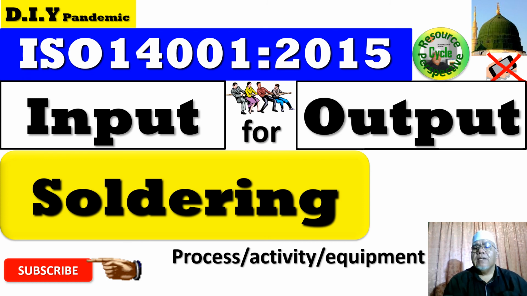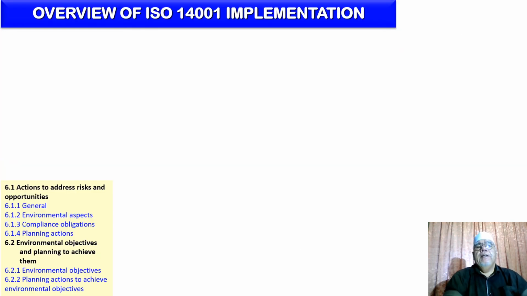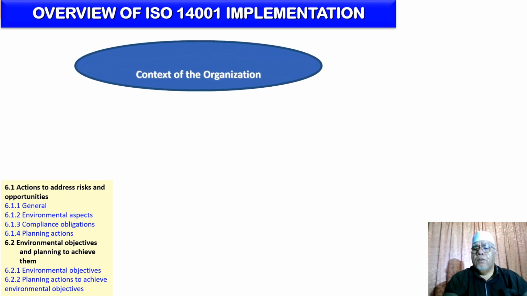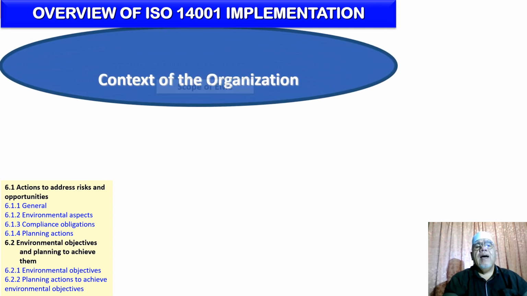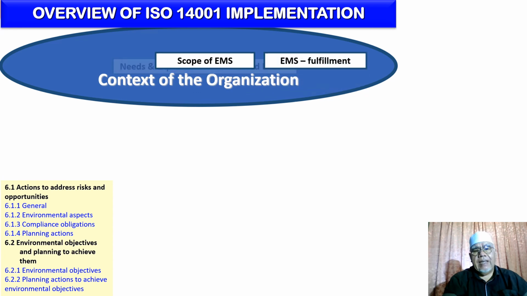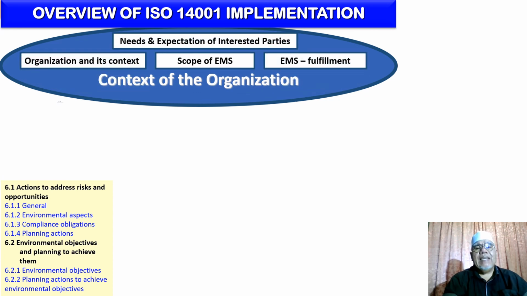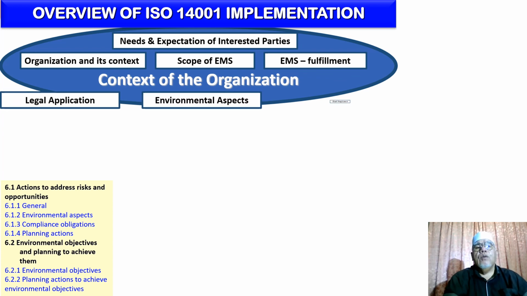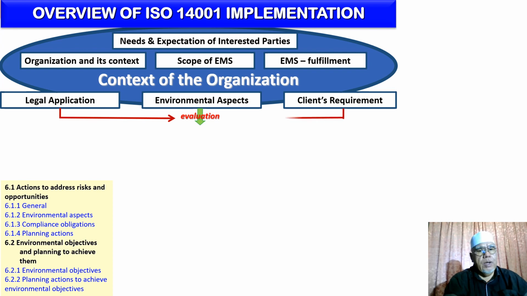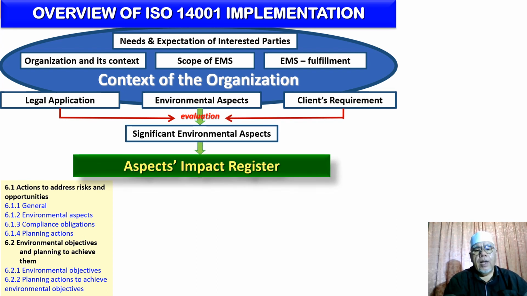Let's take a look at where this input and output process of identifying environmental aspects is in the sequence of the establishment of ISO 14001. There you are. That is where we are.